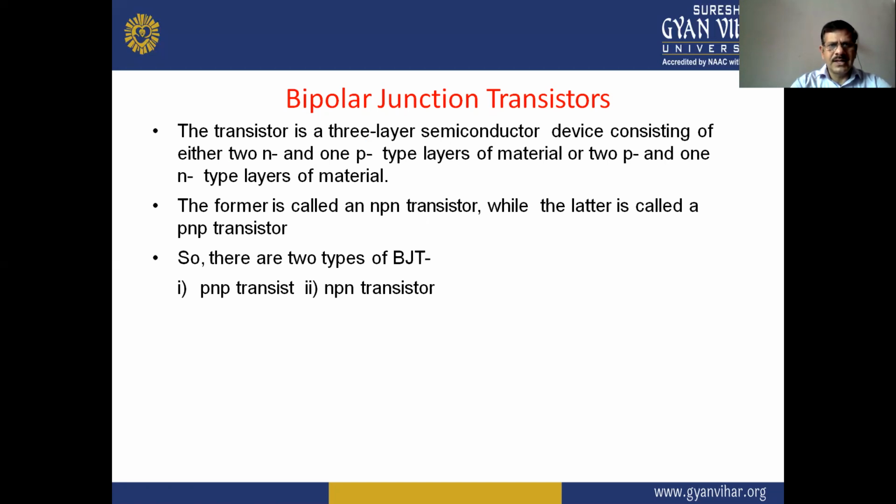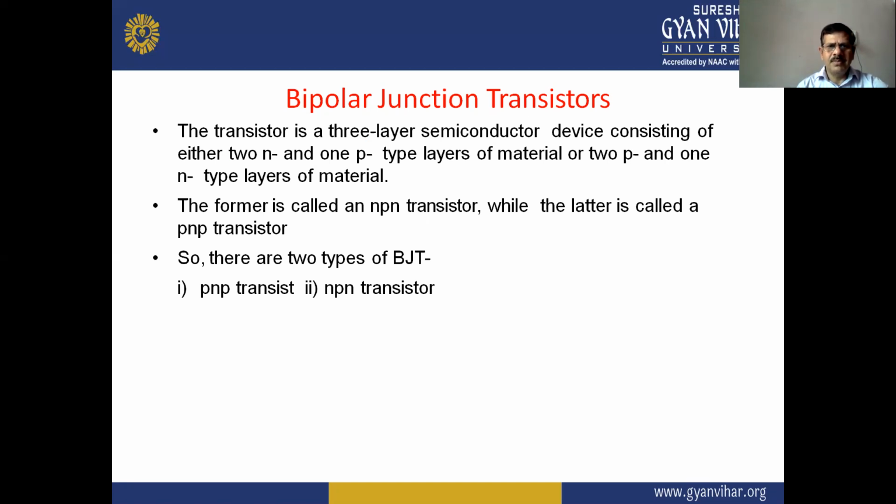The former is called an NPN transistor, while the latter is called a PNP transistor. So there are two types of transistor: one is the NPN transistor, and the second is the PNP transistor.